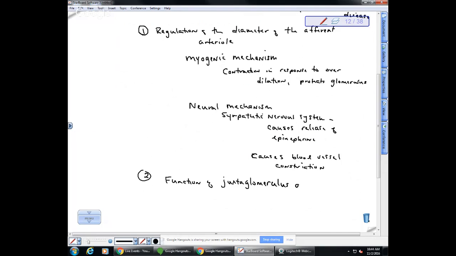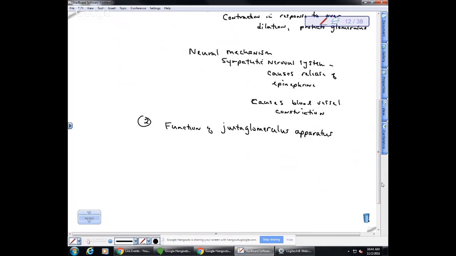The first cells that we're going to talk about are the macula densa, and the macula densa are able to detect salt concentration inside the filtrate.